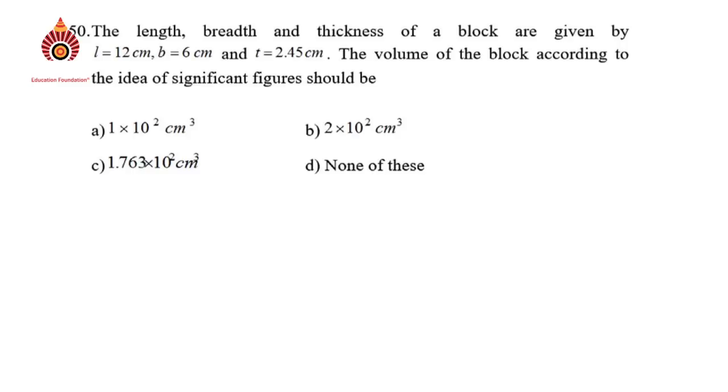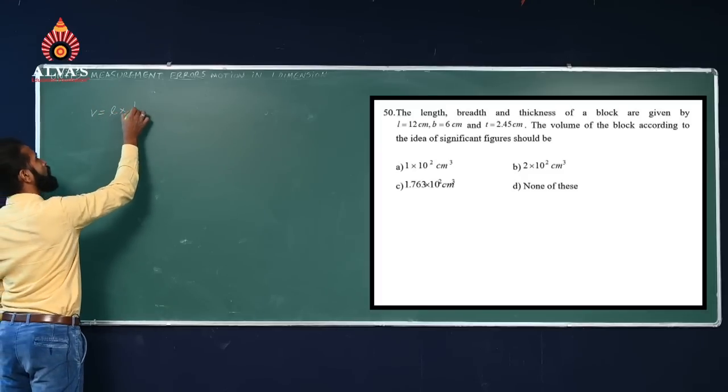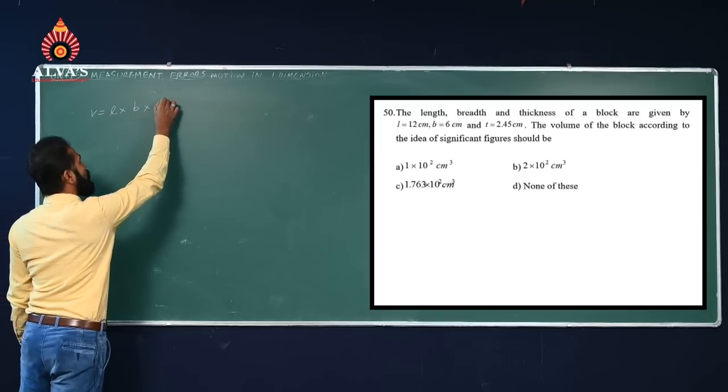Question 50. The length, breadth and thickness of a block are given by L is equal to 12 centimeter, B is equal to 6 centimeter, T is equal to 2.45 centimeter. The volume of the block according to the idea of significant figures should be. So volume is calculated using the formula length into breadth into height.